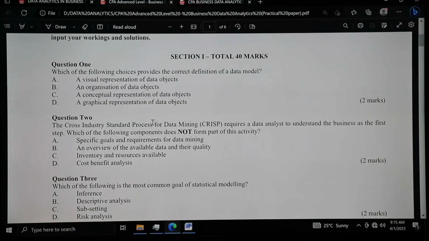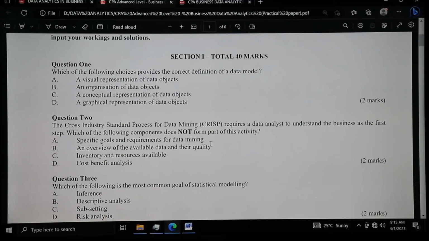Then, question 2. The cross-industry standard process of data mining requires data analysts to understand the business, which we said is the first step. As the first step, which of the following components does not form part of this activity?